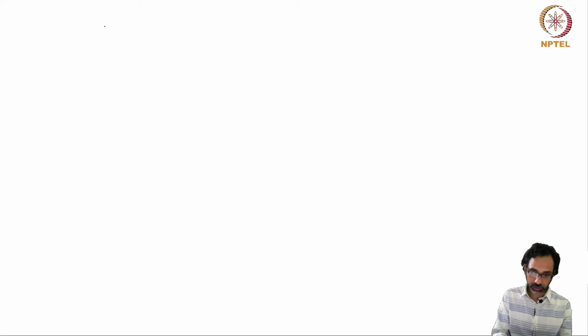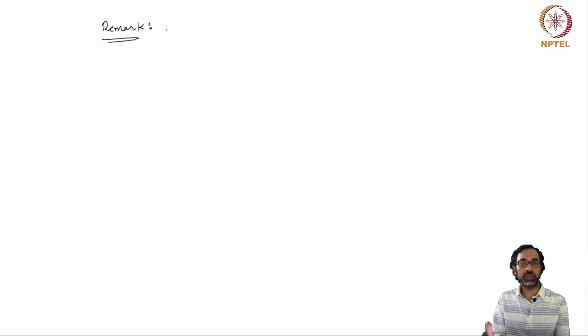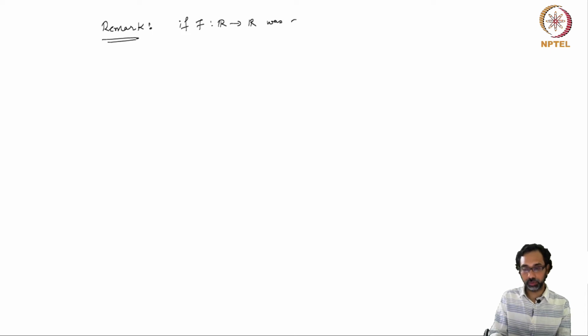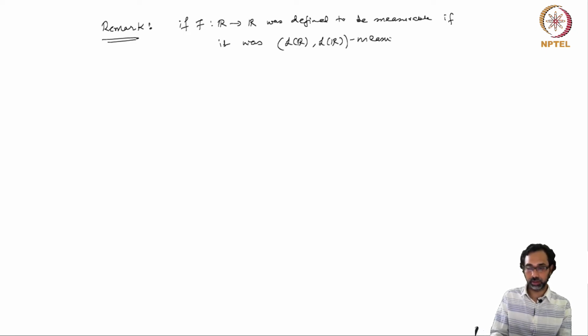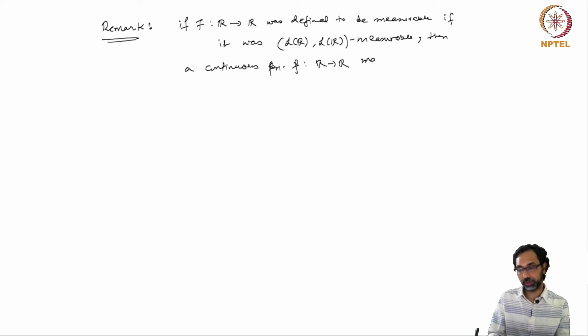This is because, and I will put this as a remark, it is important to highlight this fact that if you wanted to simply mimic the definition of a continuous function, and f from R to R was defined to be measurable if it was L_R measurable, so we would take not the Borel but the Lebesgue sigma algebra on both sides, then a continuous function f may not be measurable.